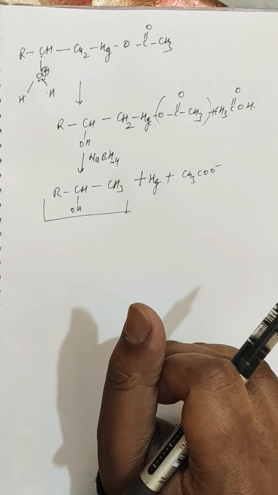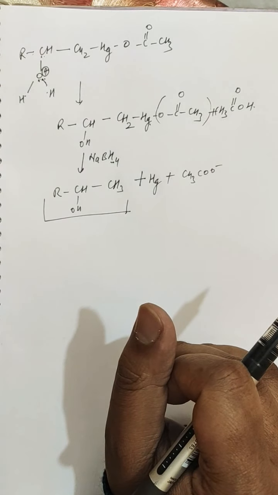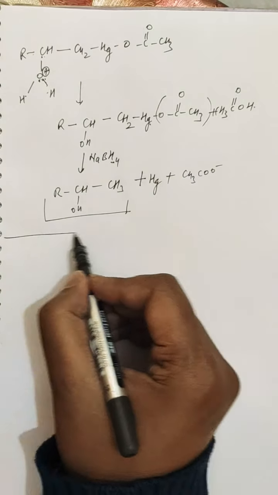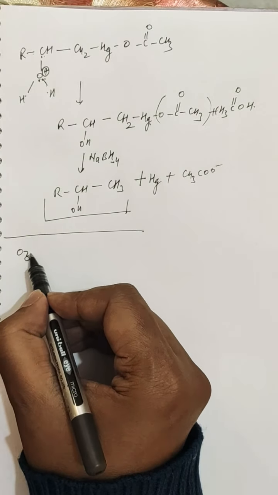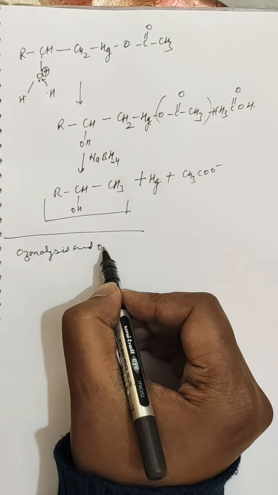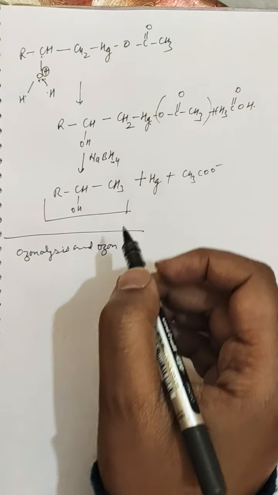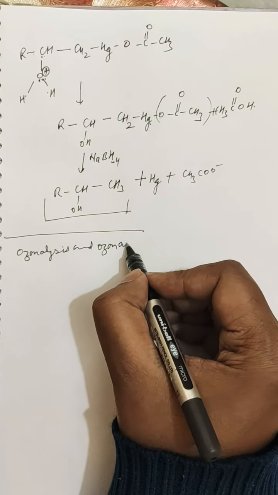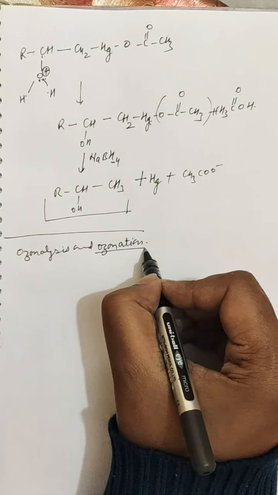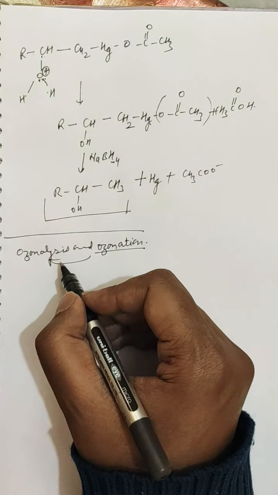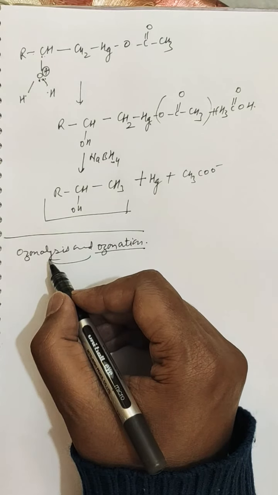And the last section of this chapter is the addition of ozone and ozonolysis. So alkenes, ozonation and ozonolysis. It may be called ozonation because addition of ozone results in the further ozonolysis.